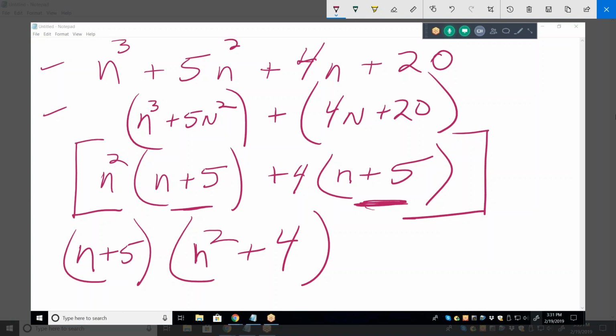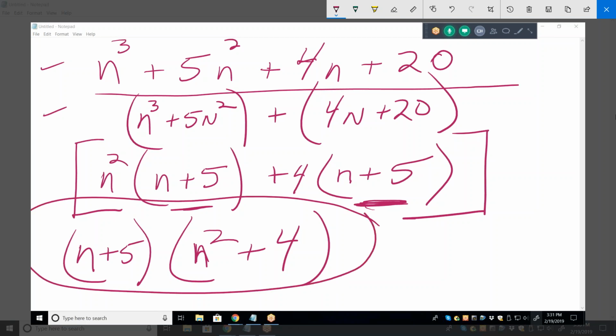But you can imagine that if this was n squared minus 4, then I could take it down to n minus 2 times n plus 2, and I would have 3 linear factors. I was erasing, and I may have changed the problem. Was that plus 4n plus 20? Yeah. Okay. Then that's the answer.